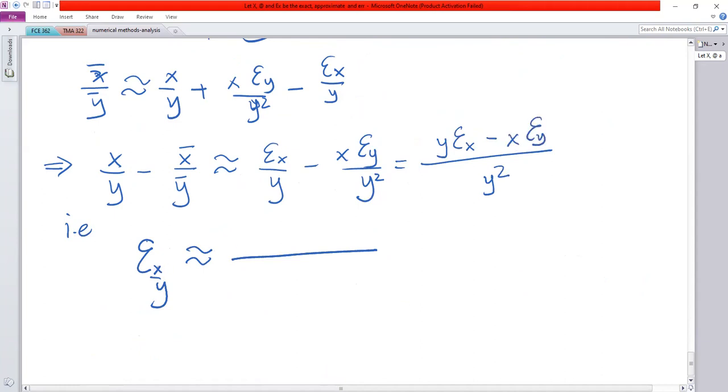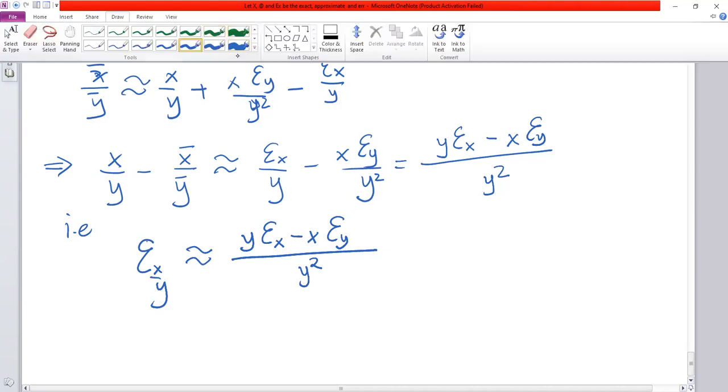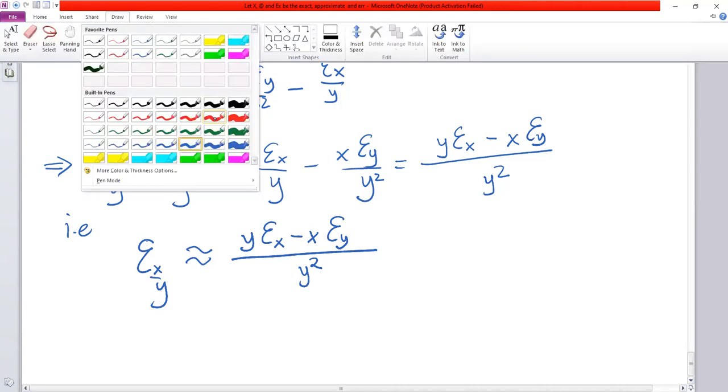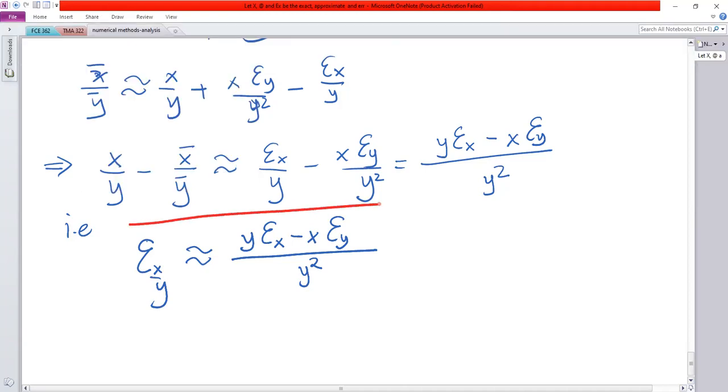So therefore, the error in the quotient of x and y will be y error in x minus x error in y over y squared. So this is the formula to approximate the error in the quotient of x and y.